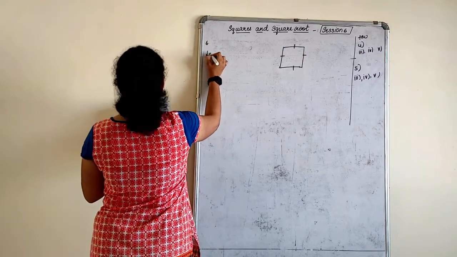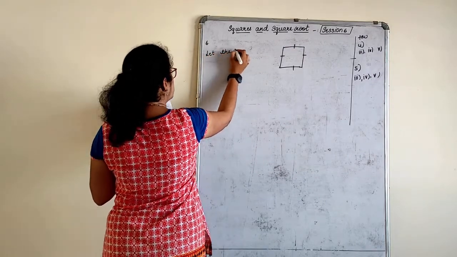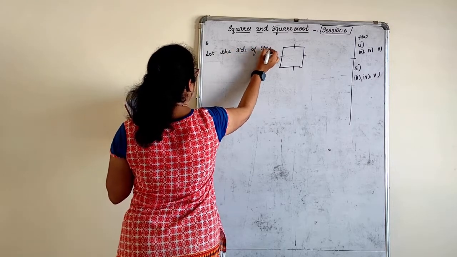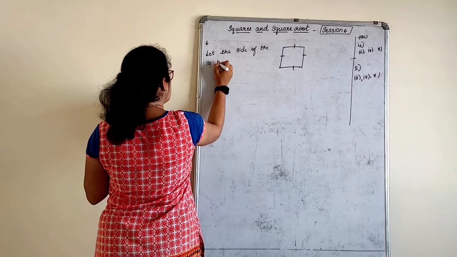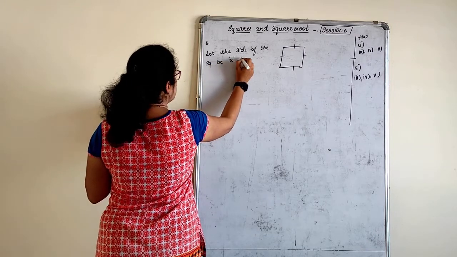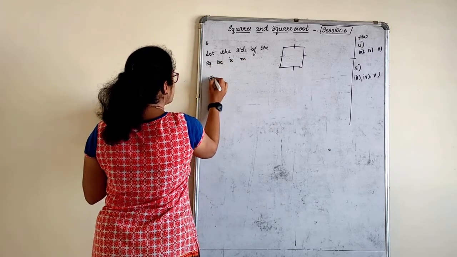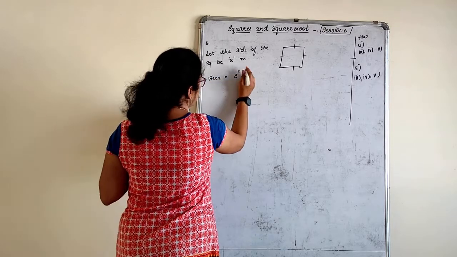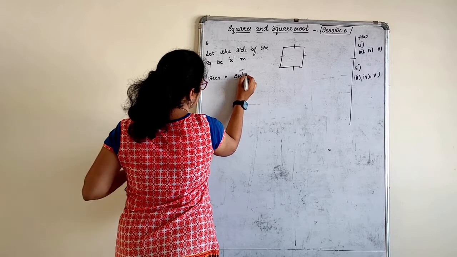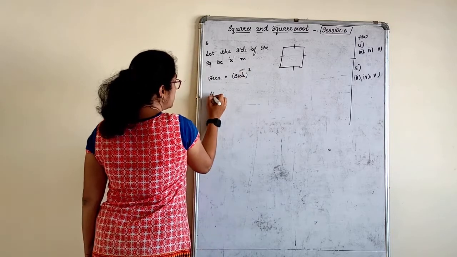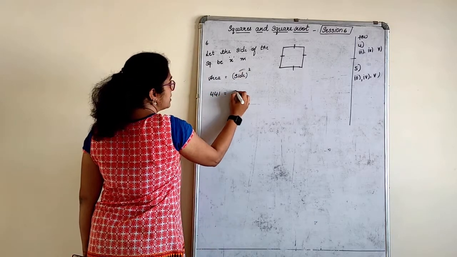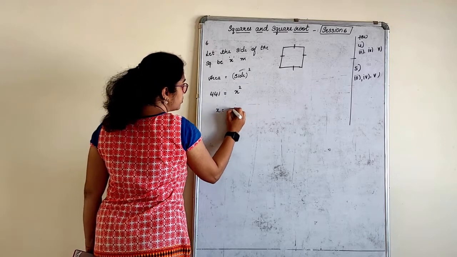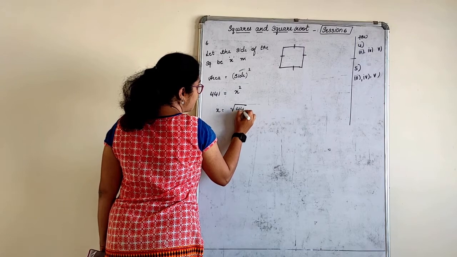Let the side of the square be x meter. Area is equal to side square. So area 441 is equal to x square. Therefore, x is equal to square root of 441.